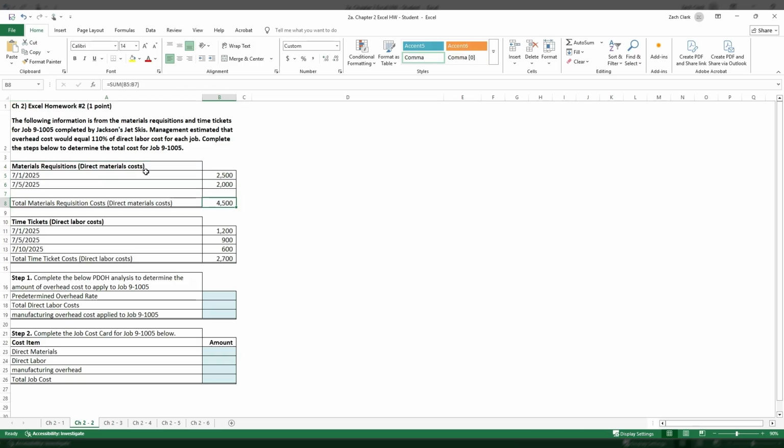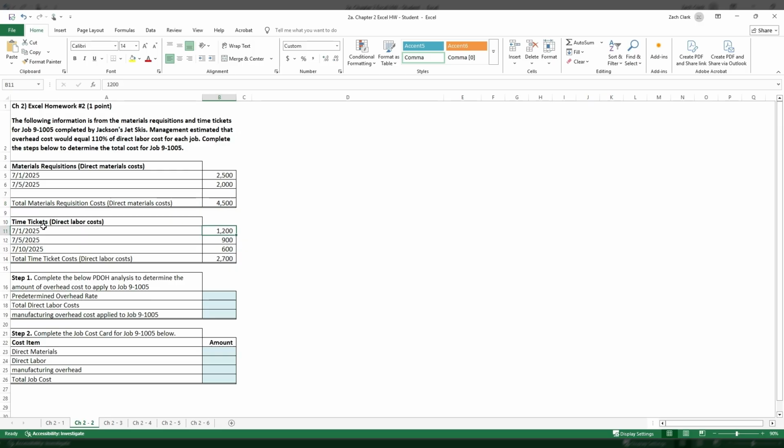And what we can see here, as far as direct cost goes, we have $2,500 that were brought into this job on July 1st, it looks like. And then we have $2,000 more direct materials on July 5th. So the total cost of direct materials that this job used was $4,500.